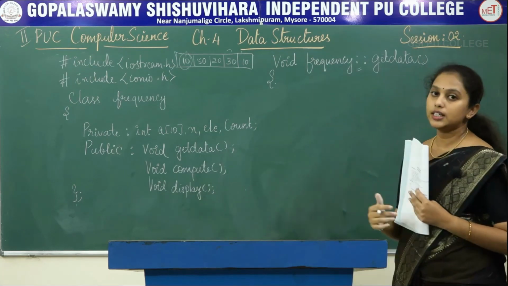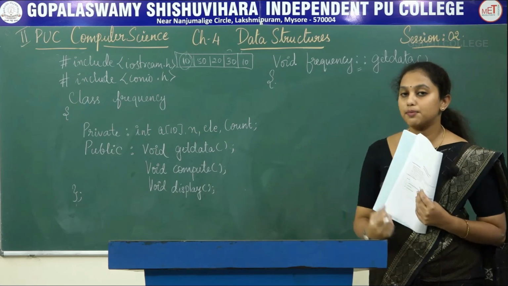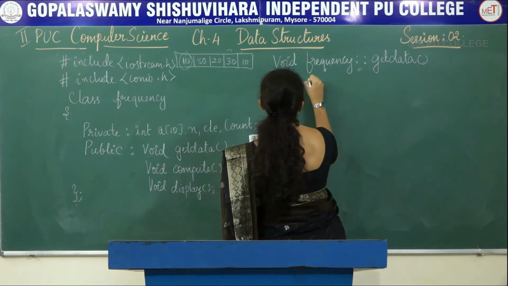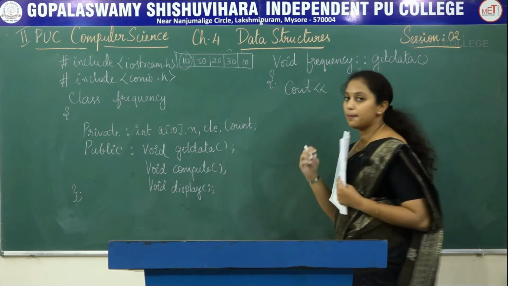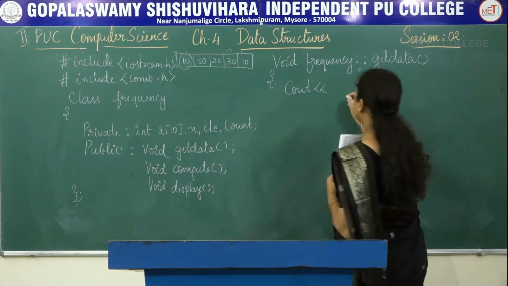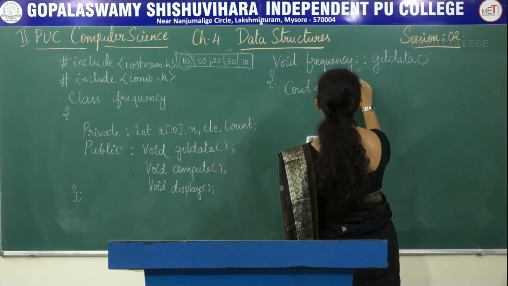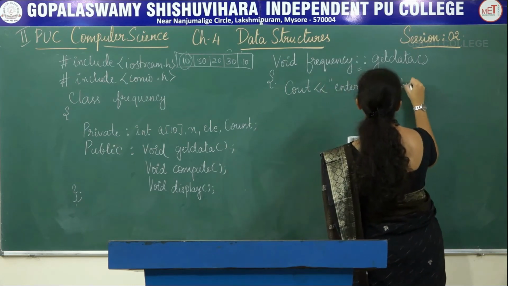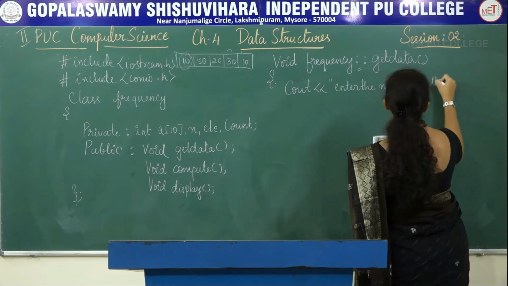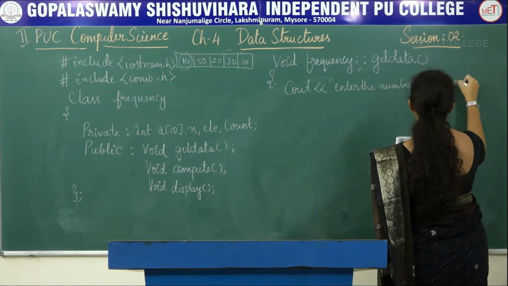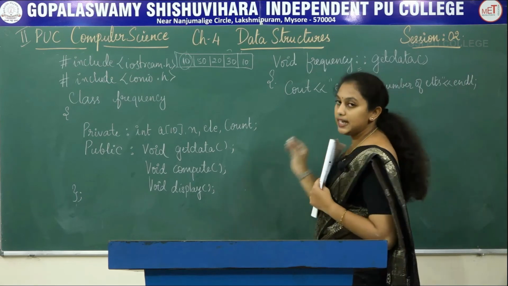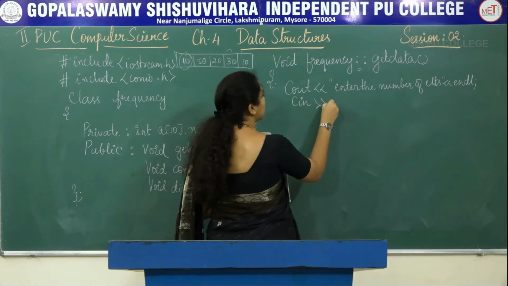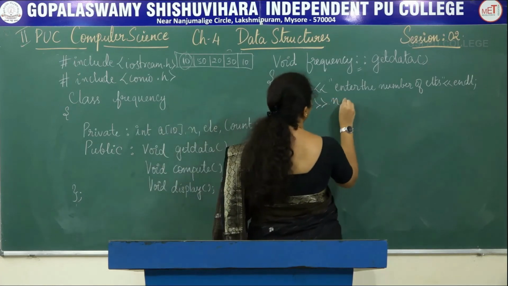Now what are all the things we have to accept from the user? First thing is we have to accept the number of elements in an array. cout: Enter the number of elements. Using cin, we are going to accept the value n.